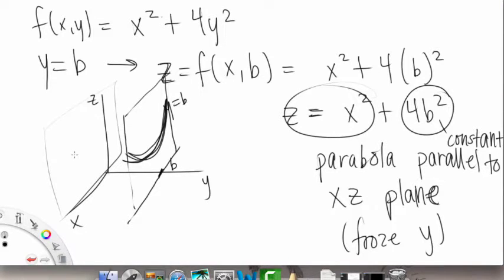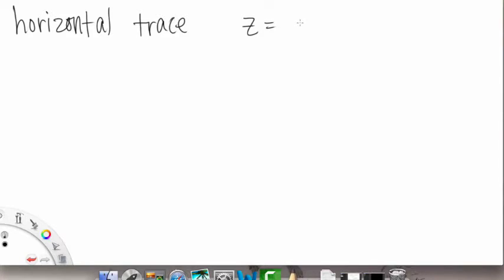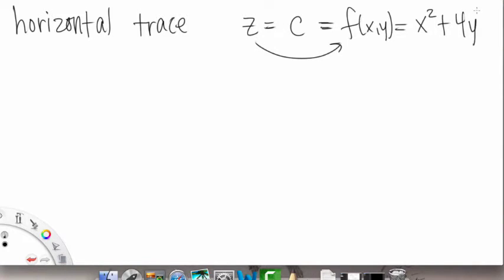Now let's move on to the horizontal trace. This horizontal trace is obtained by setting our z, our height, equal to a constant c. So z was equal to f of x, y, which was given as x squared plus 4y squared.